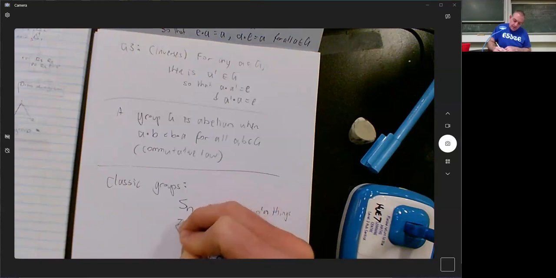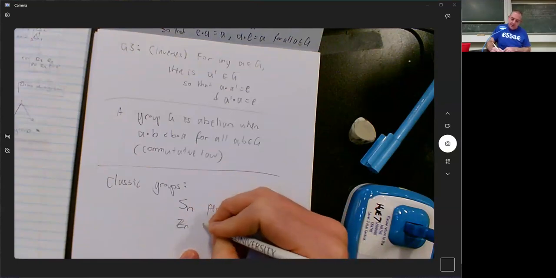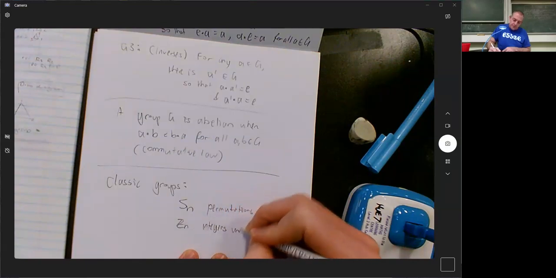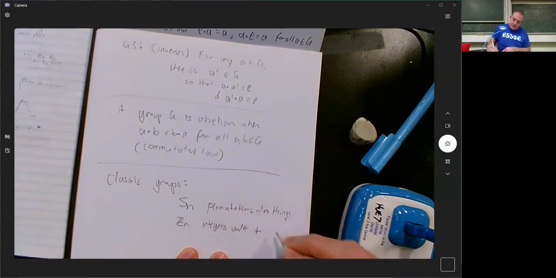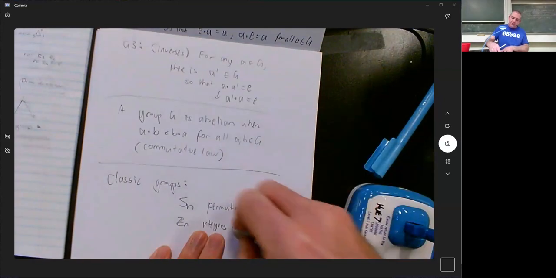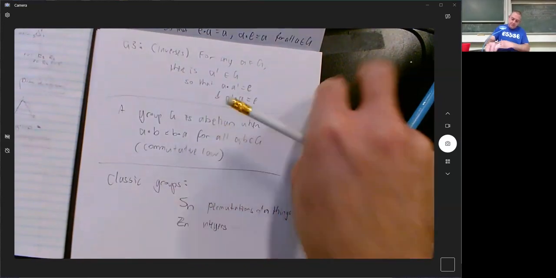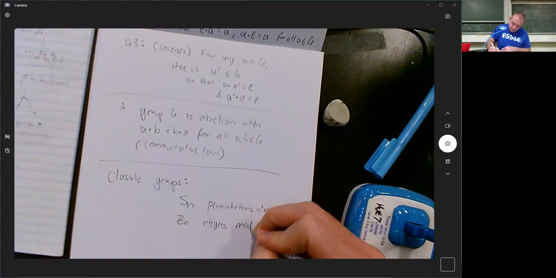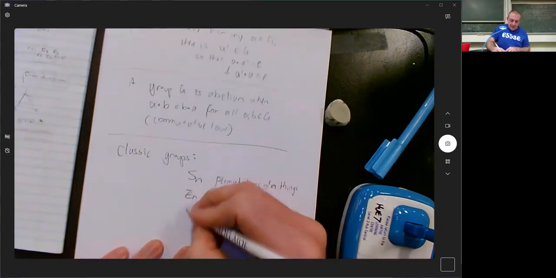And Zn, which is the integers under plus mod n, well, integers mod n. And Dn, yep.